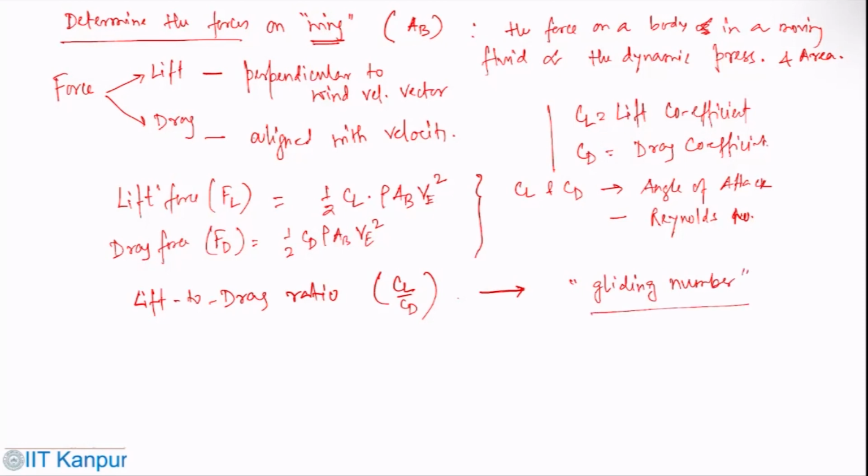For a sailplane, for example, the distance traveled would be CL by CD times altitude.